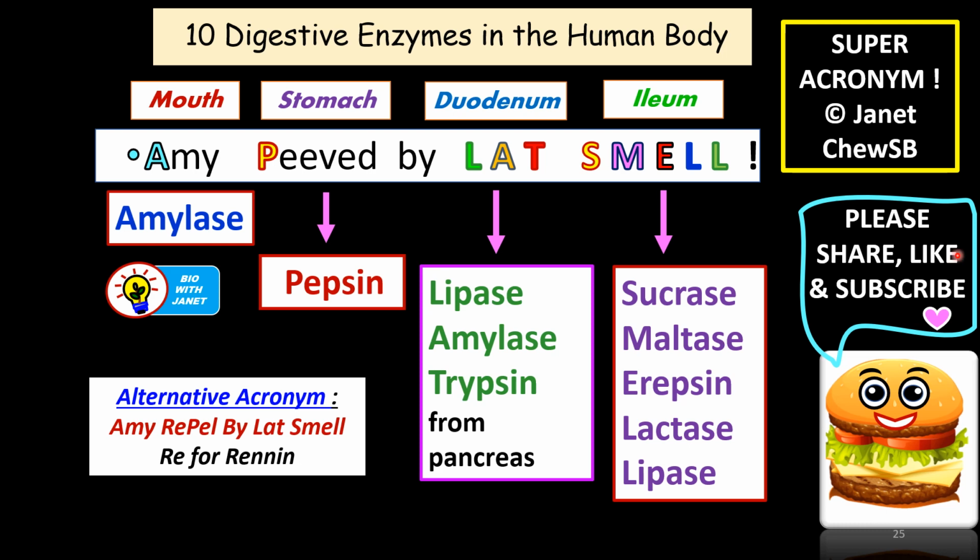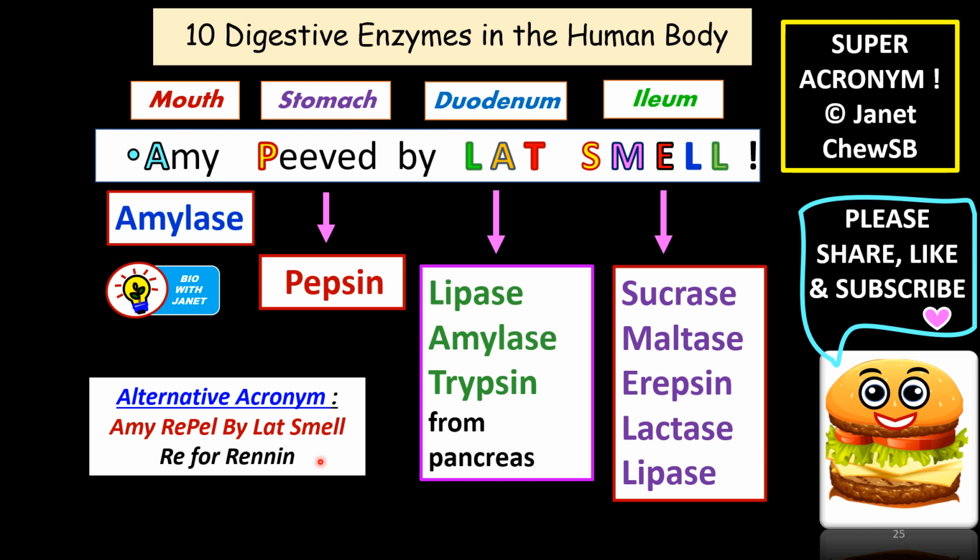Now, for some of you, you may want to include renin as one of the enzymes in the stomach. So that's an alternative for you. AMY, repelled by LUT smell. The word repel here has a similar meaning to being peeved or turned off by the smell, to dislike the smell. So RE stands for renin and PE stands for pepsin. So this is an alternative acronym.